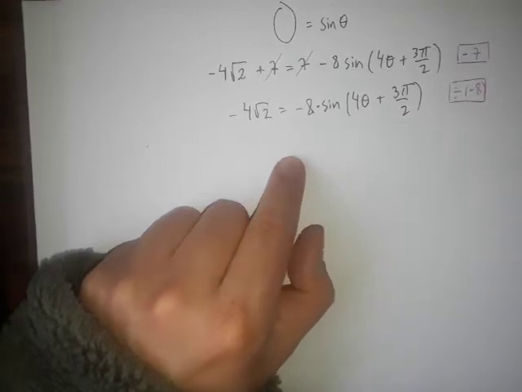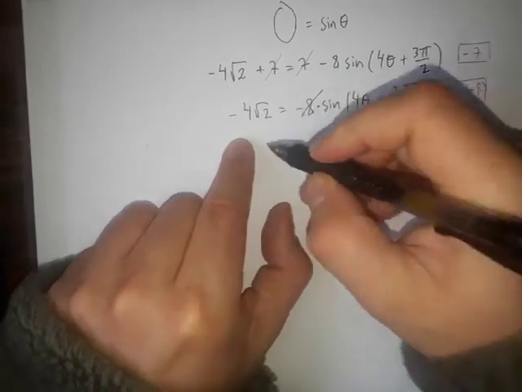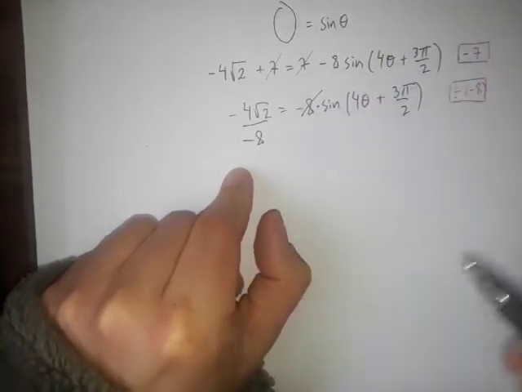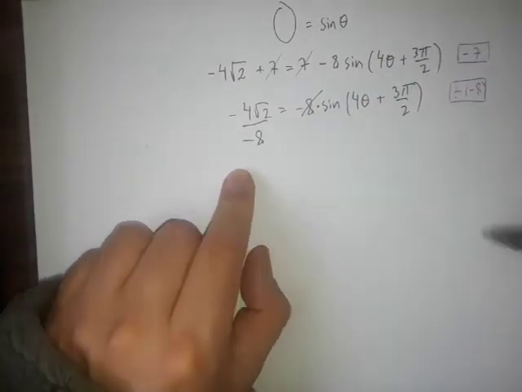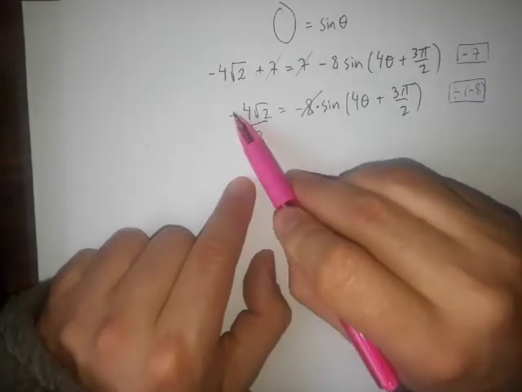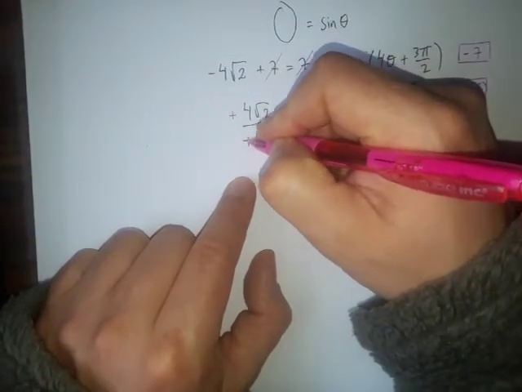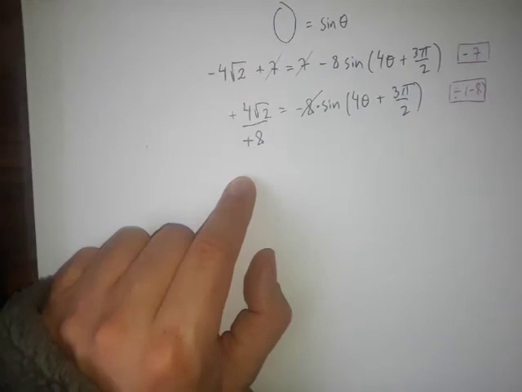Okay, so that means that the negative 8 is going to cancel here, but it's going to go down here. Okay, now next step, we can make these two negatives positive, because two negatives dividing, they're going to become positive.